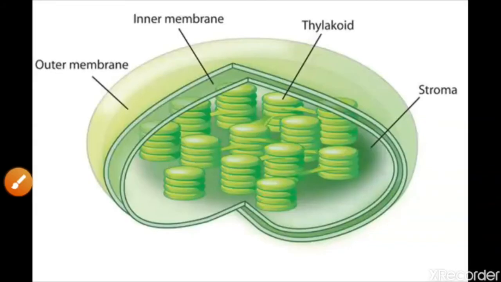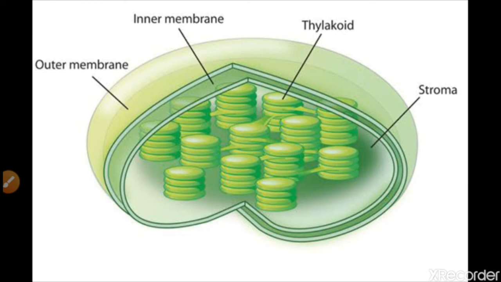So here we have the plastid. It is one of the most important cell organelles in the plant cell. Why is it the most important? As we already know, plants make their own food.